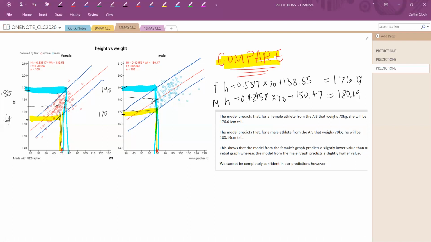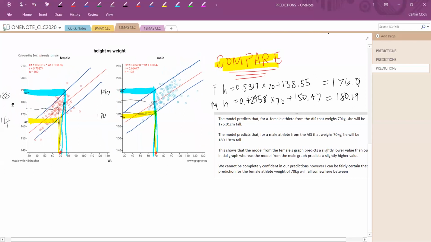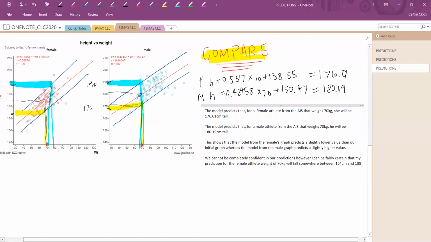However, I can be fairly confident, fairly certain that my prediction for the female athlete's weight of 70 kg will fall somewhere between 164 centimeters and 188 centimeters.